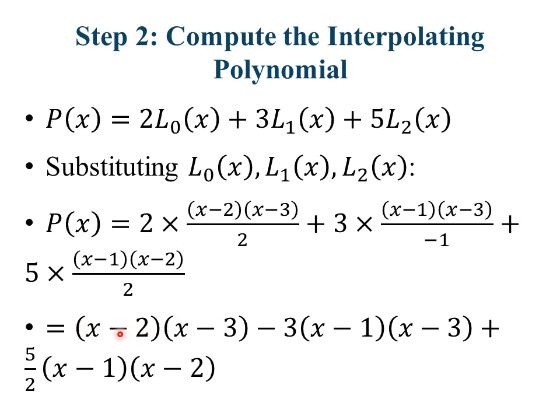Now you can see here the 2 will be cancelled. There is no numerator and denominator plus sign. How can we convert it to minus? You can see here minus 1 multiplied by this number minus 3. Then 5 upon 2, the same process we write here. Now we simplify these values.